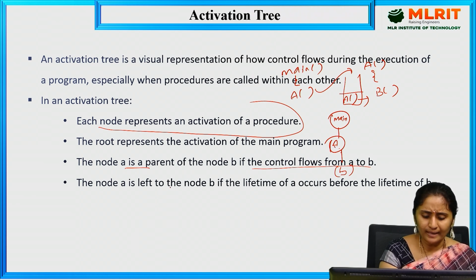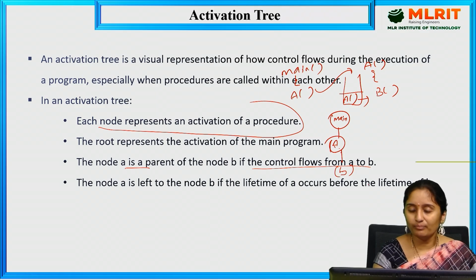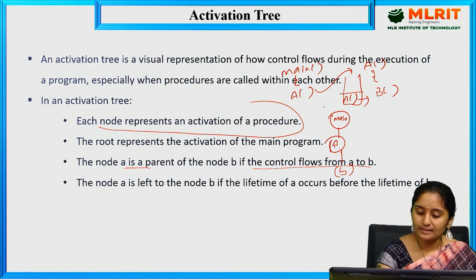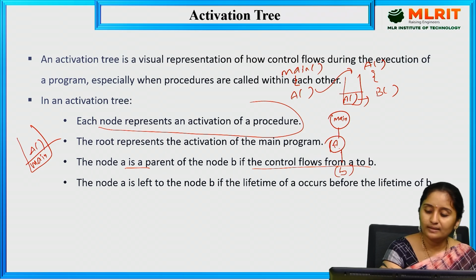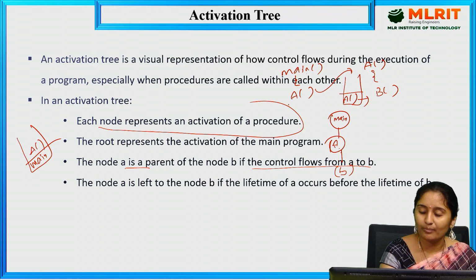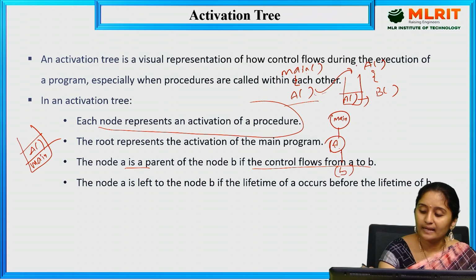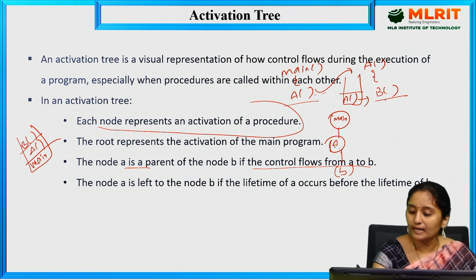The node A is left of the node B if the lifetime of A occurs before the lifetime of B. So what does it mean? See here in the stack, main is created first. In the main function activation record, I have the A function call. So the A function call is created and it directly jumps to the definition of A, and in that definition I have B. The B function call is created, and now the B definition is executed.